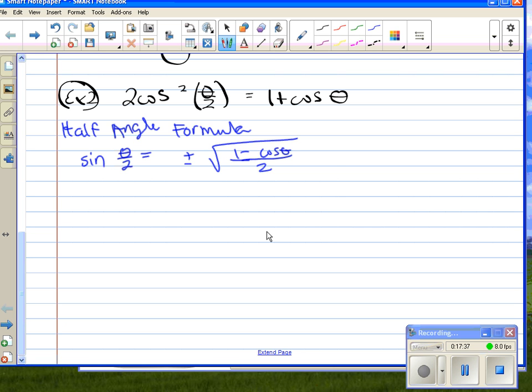And then let's see here. Cosine of theta over 2 is very similar. Plus or minus all over 1 plus the cosine of theta all over 2.